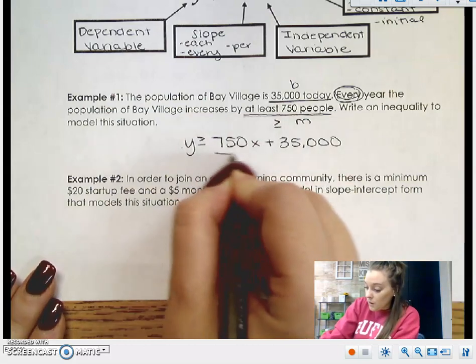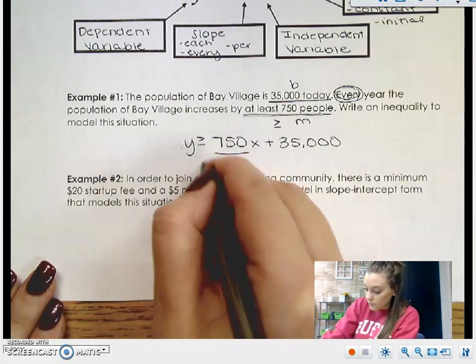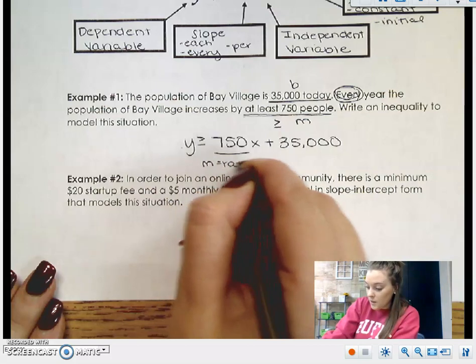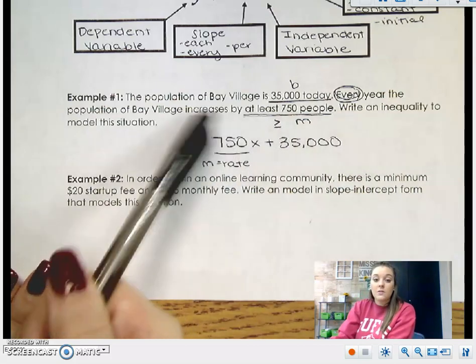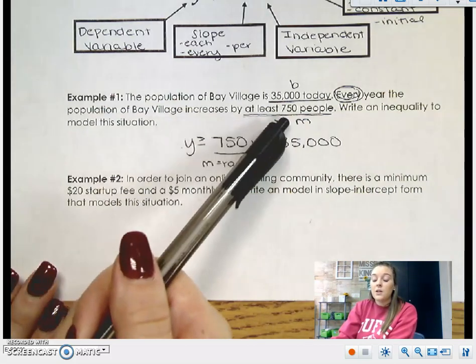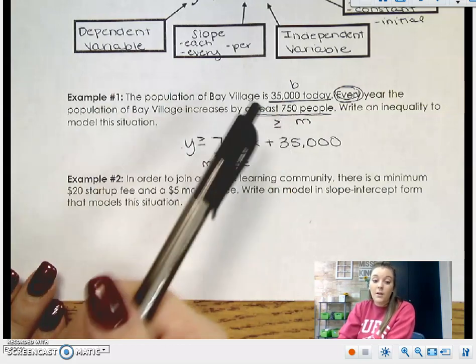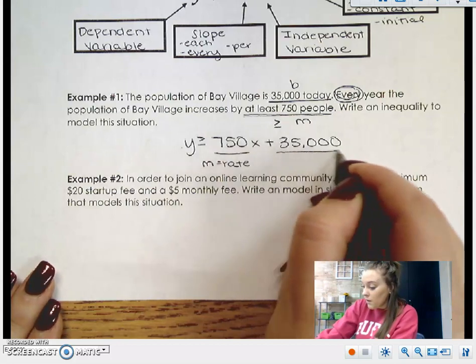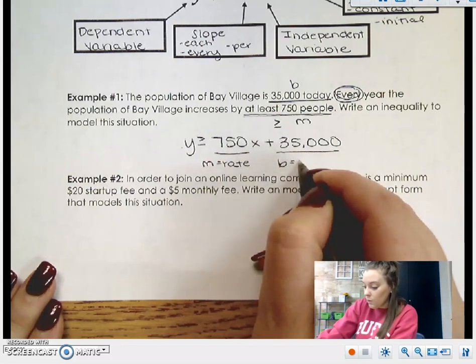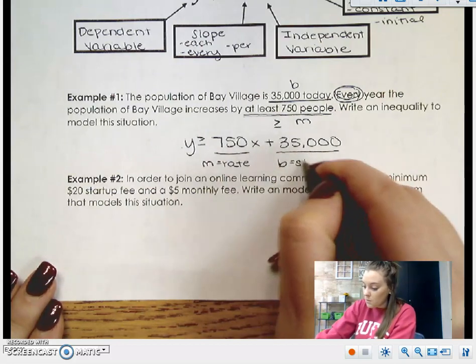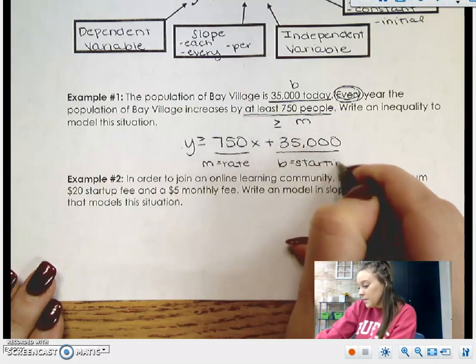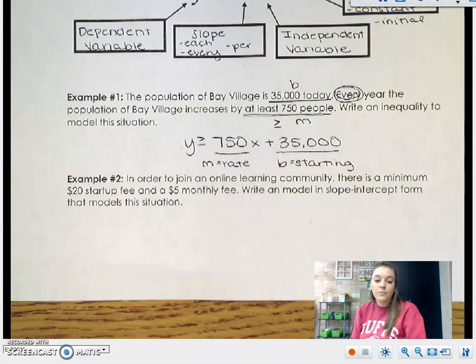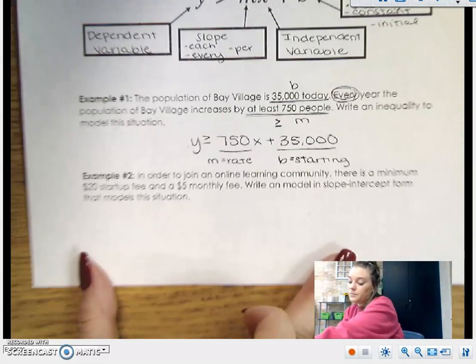So remember that your m value is your rate, and they say that this village is increasing by at least 750 people every year, so that was my keyword for slope. And this 35,000 is going to be my b value, or my y-intercept, and that was my starting value.